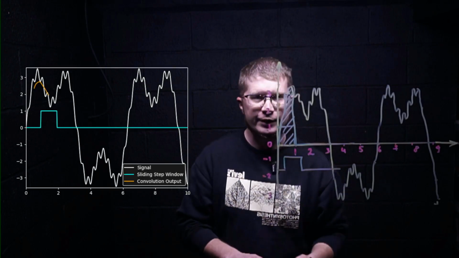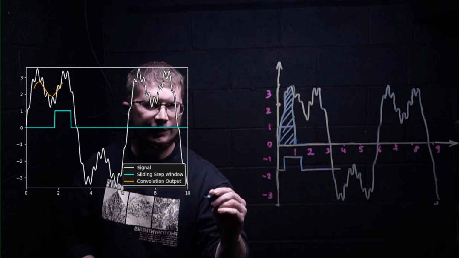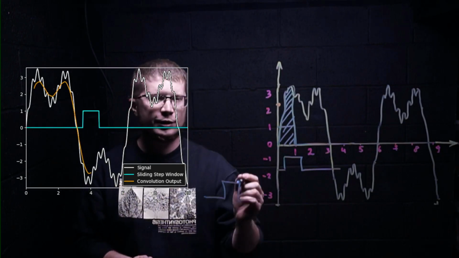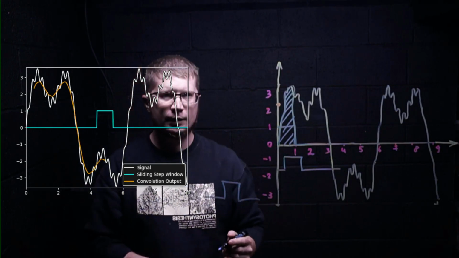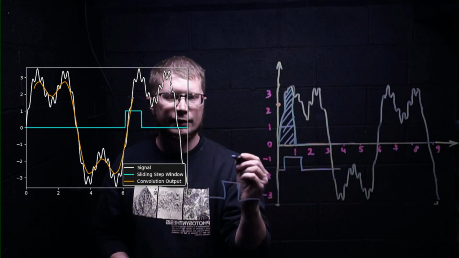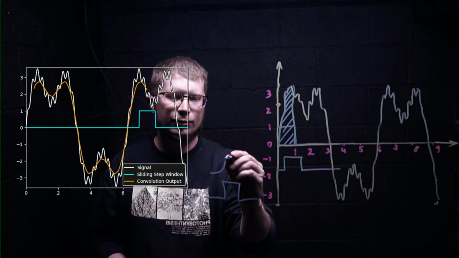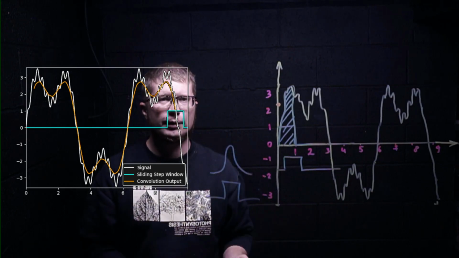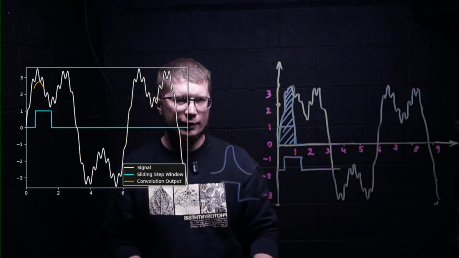As you can see, our step function just calculates the average within this window. But we can use other kernels to get other effects, so let's use a Gaussian curve. It will apply Gaussian blur on the original signal.